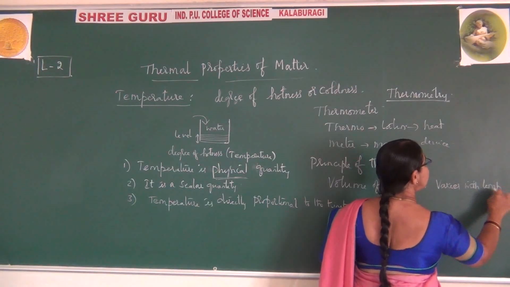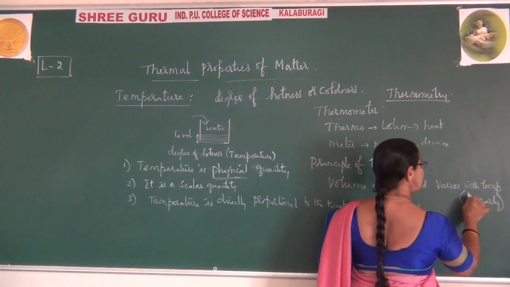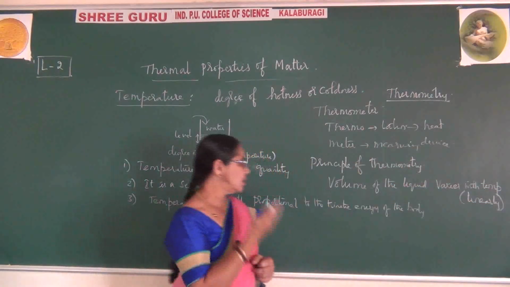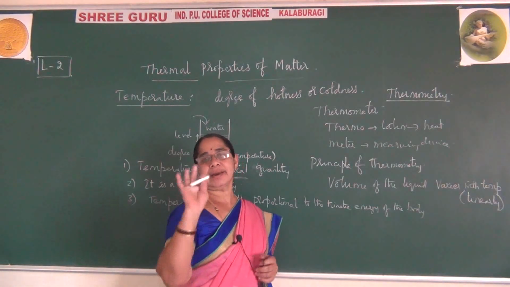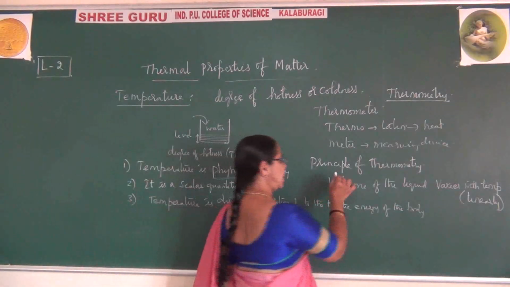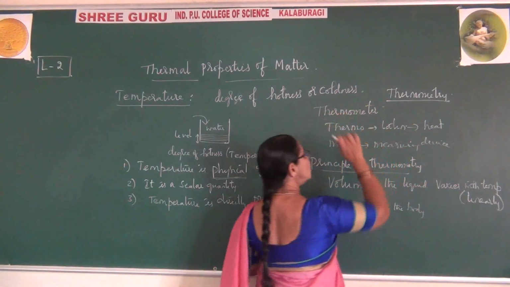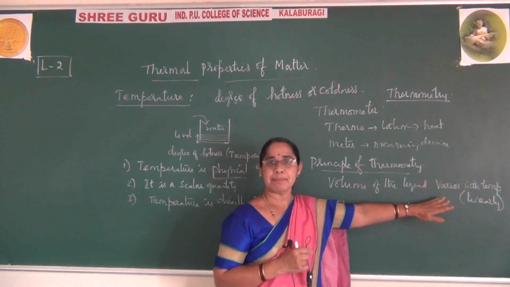It varies linearly, which means directly proportional. As temperature increases, the volume of the liquid increases. As the temperature decreases, the volume of the liquid decreases. This is how you can observe the principle of thermometry. So this thermometer uses this principle, that the volume of the liquid varies with temperature.